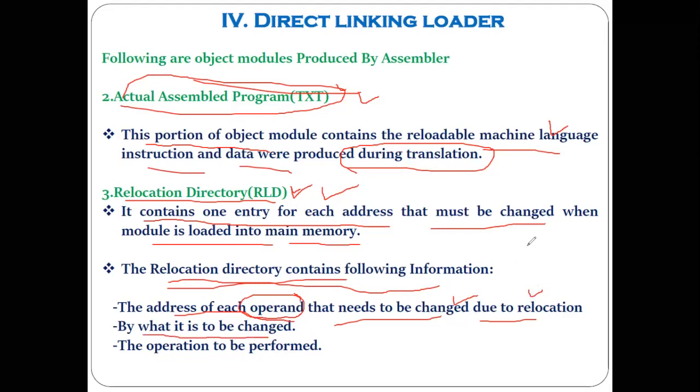If the address of one particular operand is 101 and it needs to be relocated, then with what address does it need to be relocated?